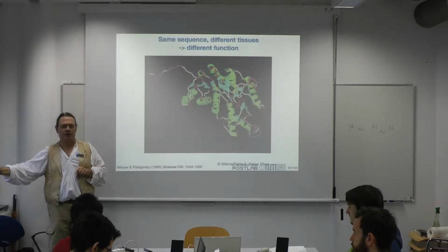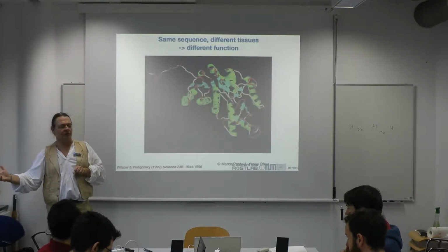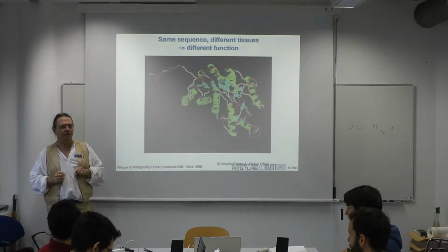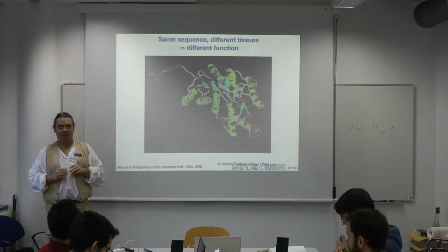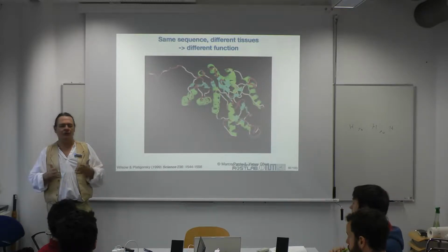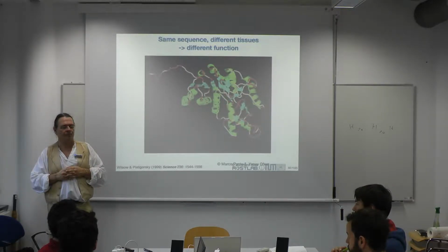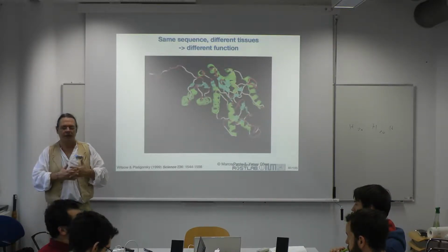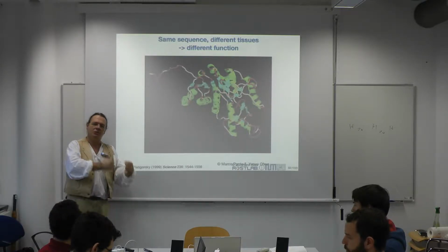No. Anybody willing to guess how much is similar? Of these 20,000, how many do you believe are active in a typical cell? Actually active, what I mean is, are really expressed, do something, are there?